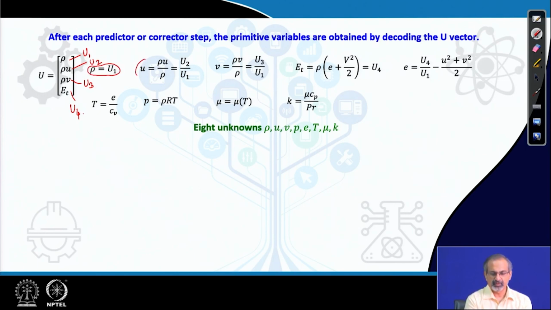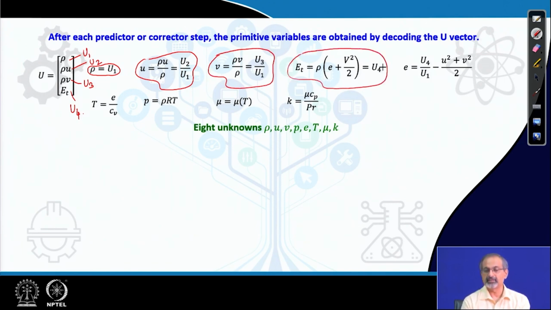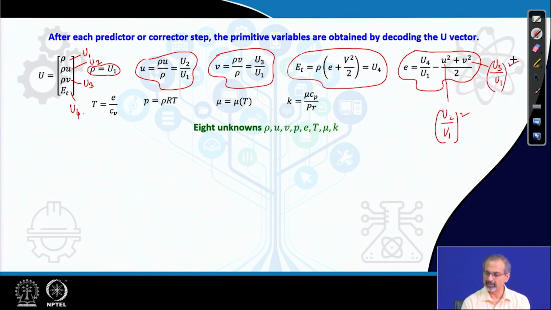Density is u1, velocity along the x direction is u2 by u1, along the y direction is u3 by u1, the total energy Et can be set as u4, and then the internal energy comes out to be an expression like this, where u square comes from (u2 by u1) whole square, or v square comes from (u3 by u1) whole square, and so on. That means from the 4 components of u, you can finally express each one of these primitive variables.